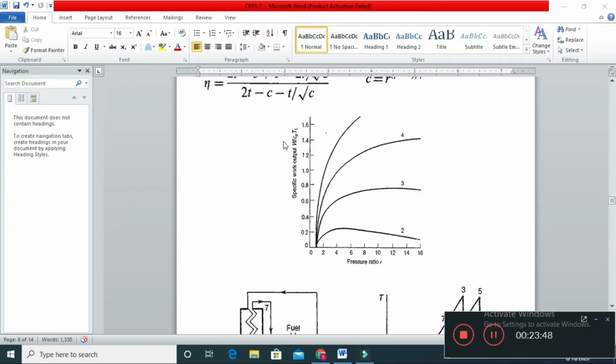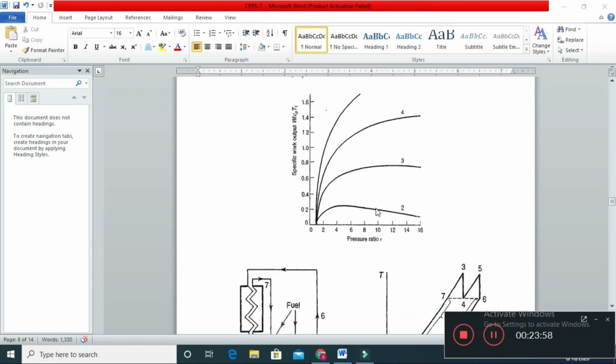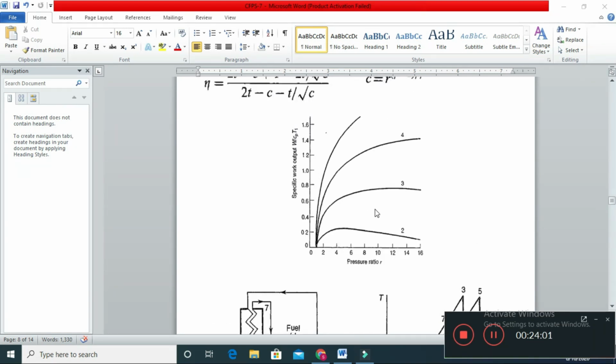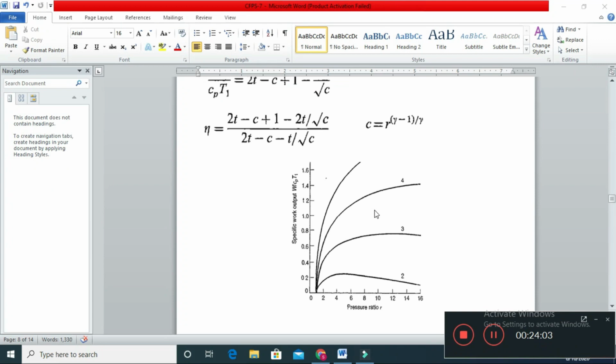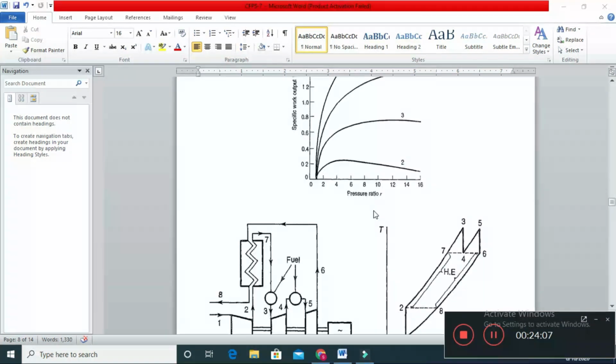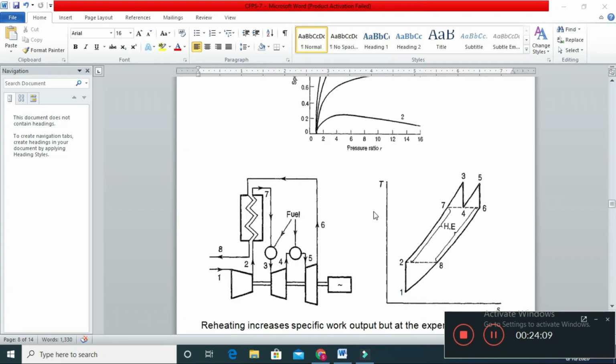This is the plot between specific work output and pressure ratio. So the shape of the plot is same as for the simple cycle, but the value of the specific work will be higher compared to the simple cycle. So reheat increases the specific work, but it decreases the efficiency.